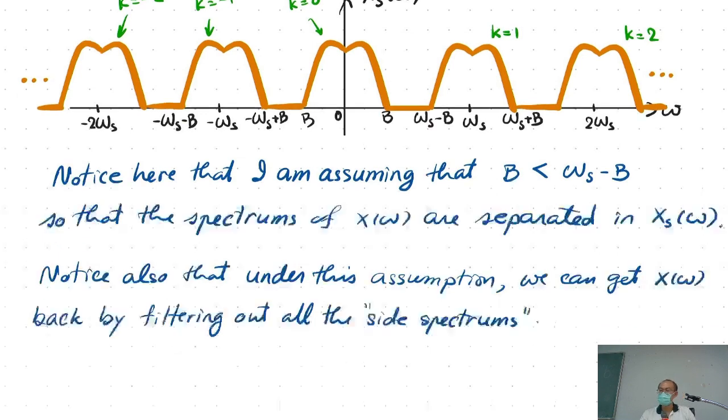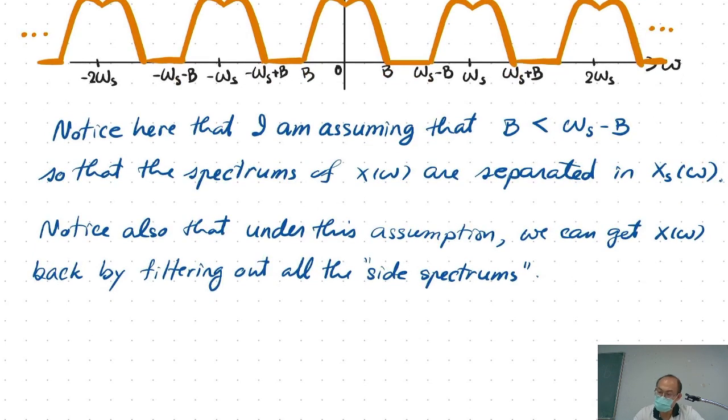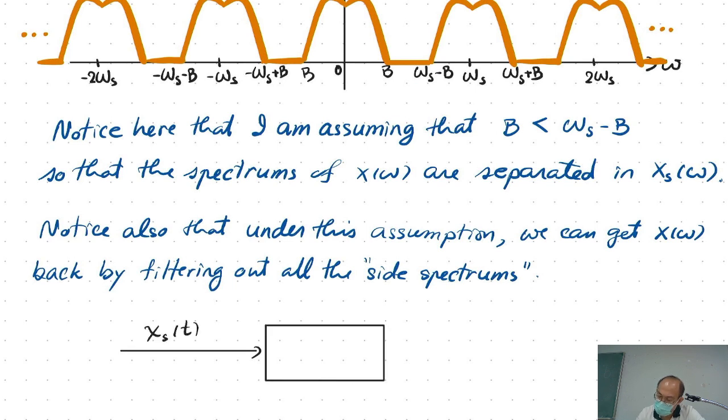So what I need to do is I need to pass xs of t to something, and then I'm gonna have xt back. So the question I'm asking you, what should be this something? What is this box?